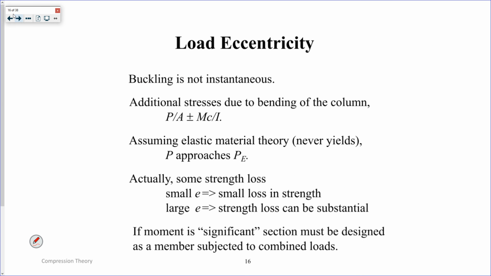So again, buckling is not instantaneous. We're going to have some warning. We're going to have additional stresses due to the bending of the column, right? That moment. That moment is equal to your load times the eccentricity. Assuming it's elastic, we'll eventually approach the Euler buckling load.